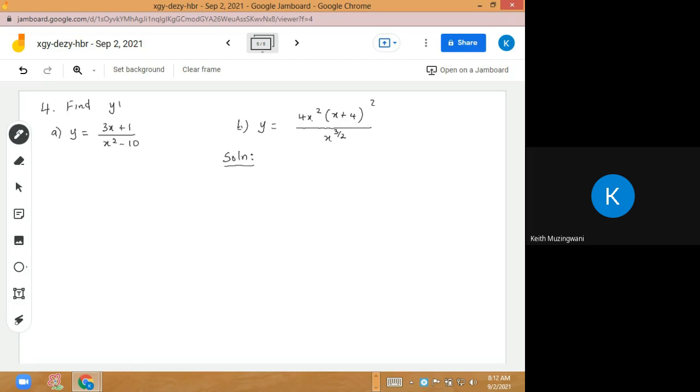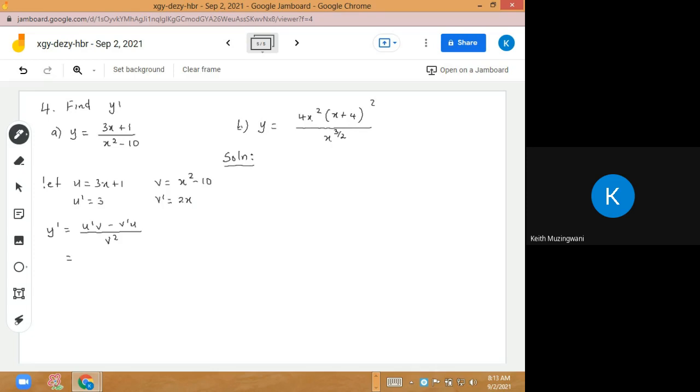For the first one, you can see that's a fraction. So whenever you have a fraction, you use quotient rule. So you let u be the numerator and v be the denominator. And then differentiate u, we get 3. Differentiate v, we get 2x. And then find y prime, which is (u prime v minus v prime u) over v squared.